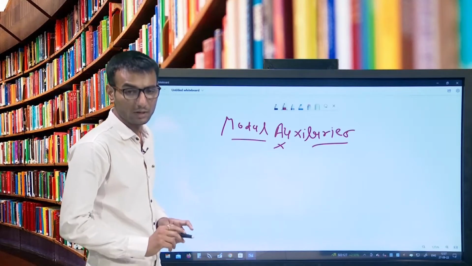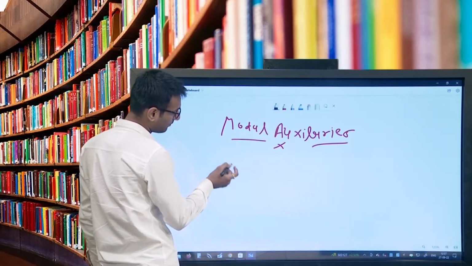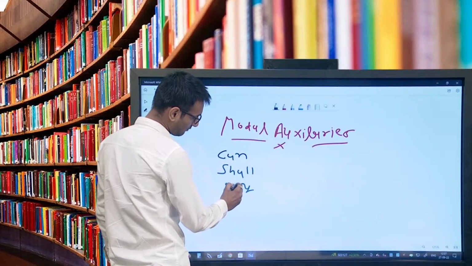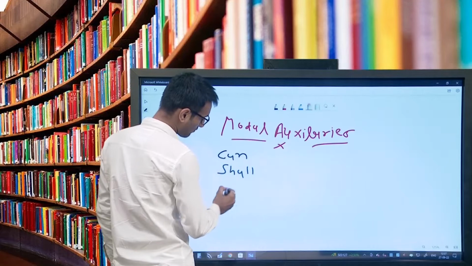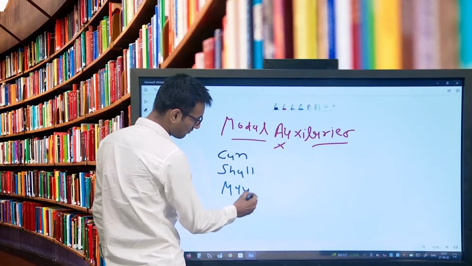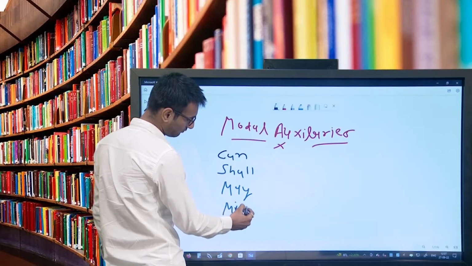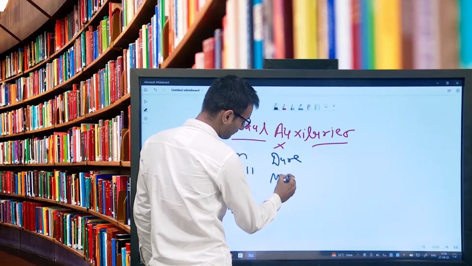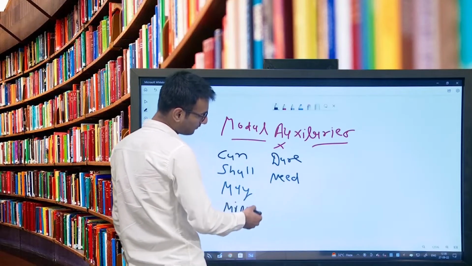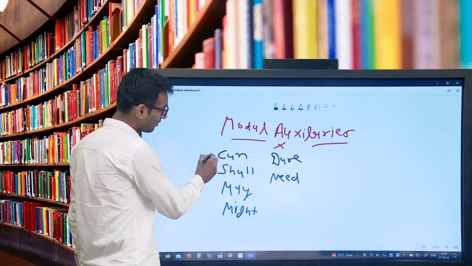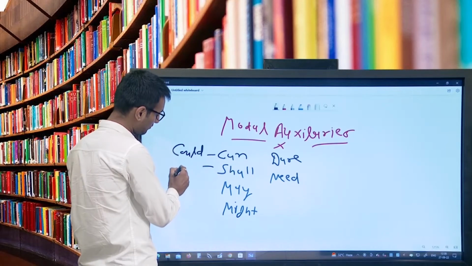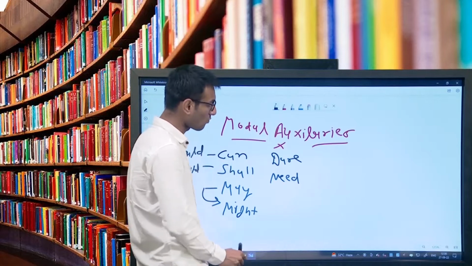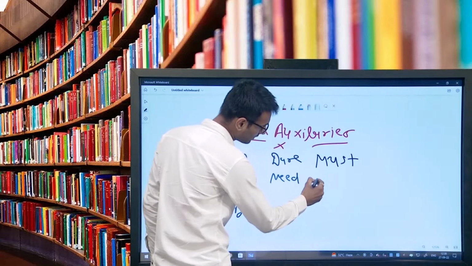Now, in this session, as we all know, there are modal auxiliaries called can, shall, may, might, dare, need, and when we use them in indirect speech, suppose can becomes... must, then it is ought.